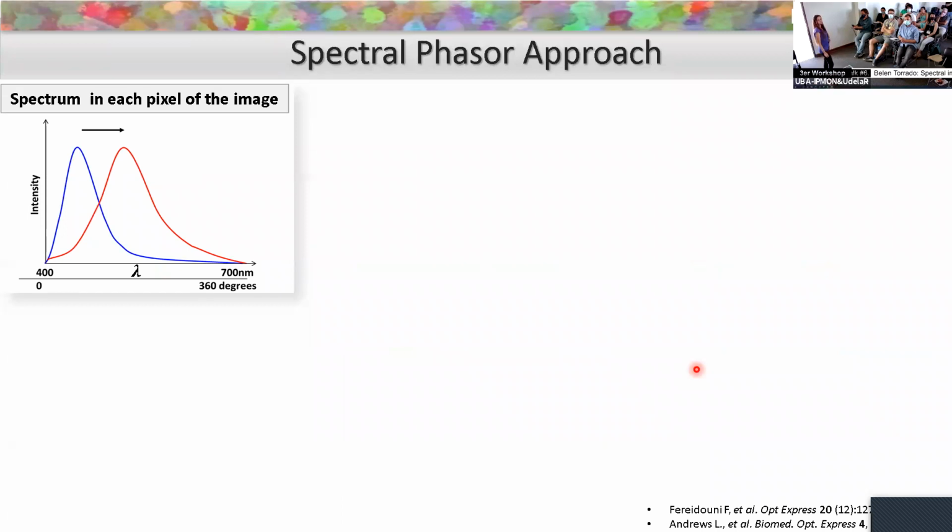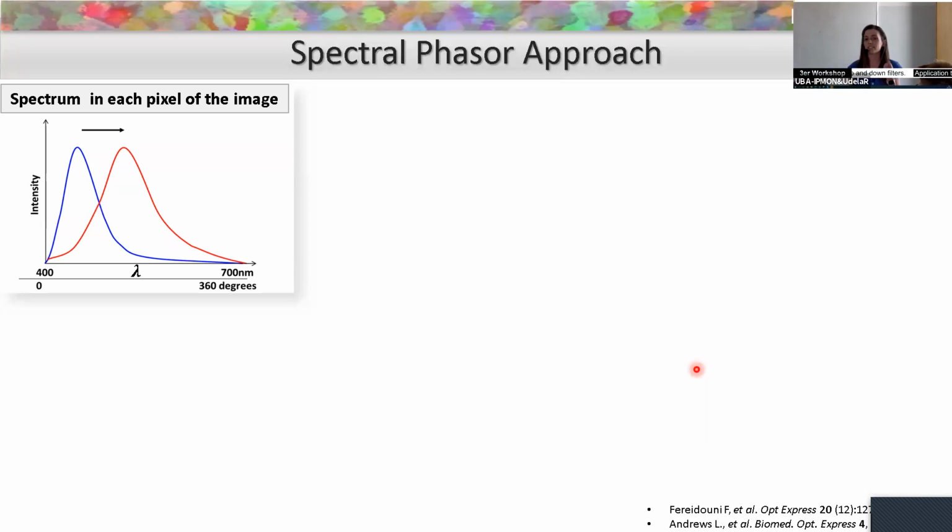You have also seen a lot about the spectral phasor approach, and Lorenzo just did an awesome presentation on this part. But an easy way to analyze the massive data that we obtain with hyperspectral imaging is doing the spectral phasor approach.